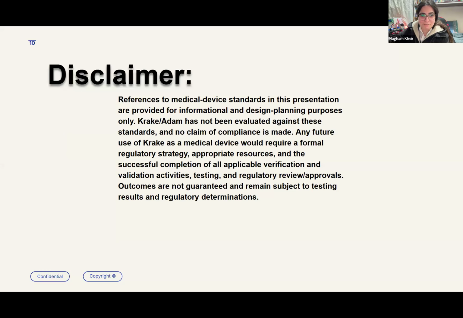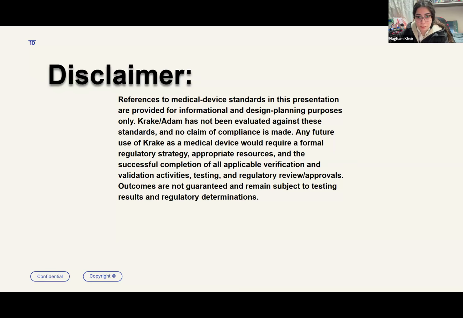First, please note that references to medical device standards in this presentation are provided for informational and design planning purposes only. Krake ADaM has not been evaluated against these standards, and no claim of compliance is made. Any future use of Krake as a medical device would require a formal regulatory strategy, appropriate resources, and the successful completion of all application, verification, and validation activities, testing, and regulatory review approvals.